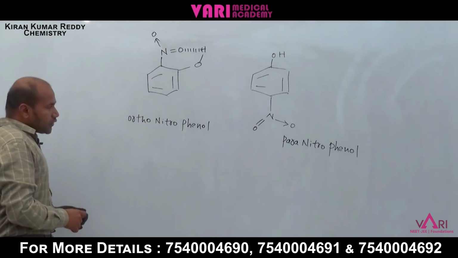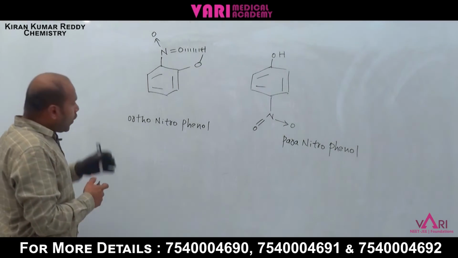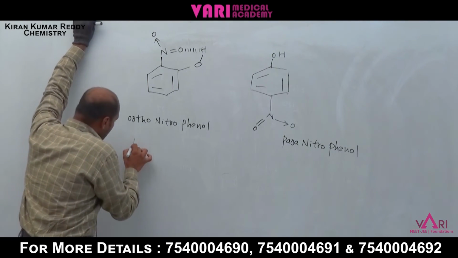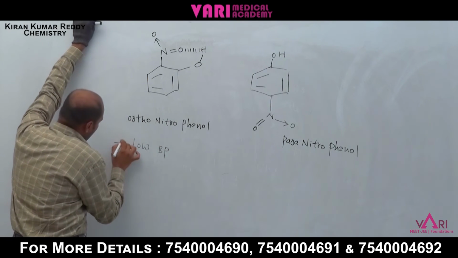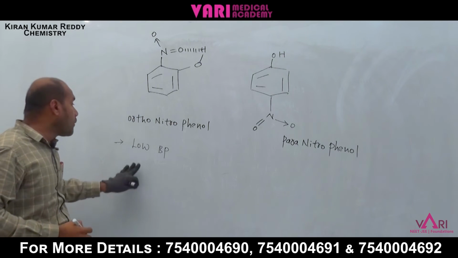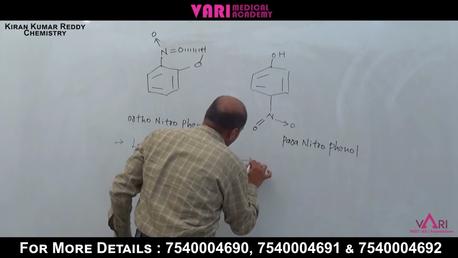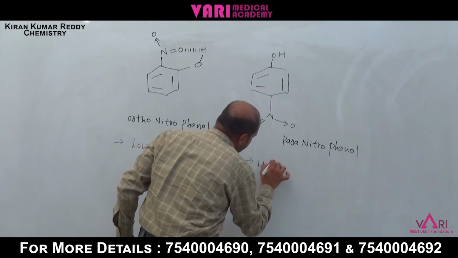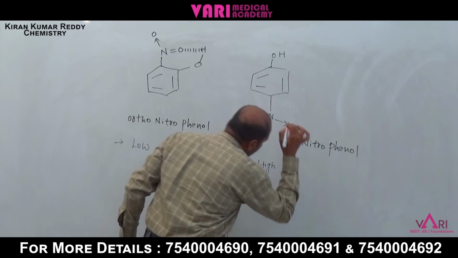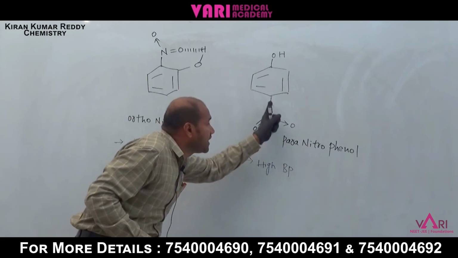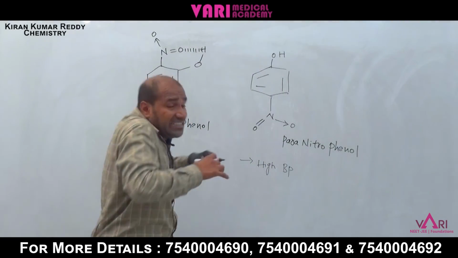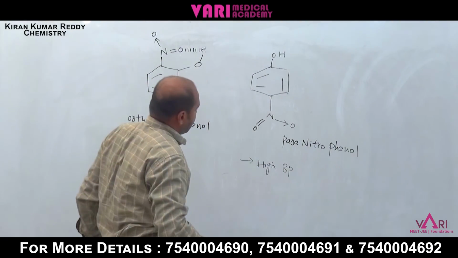Now orthonitrophenol has a low boiling point. Here paranitrophenol has a high boiling point. What is the reason? Because paranitrophenol is involved in intermolecular hydrogen bonding.